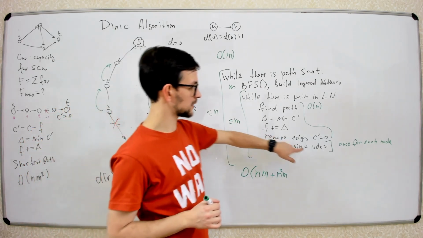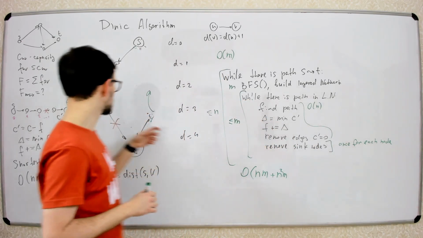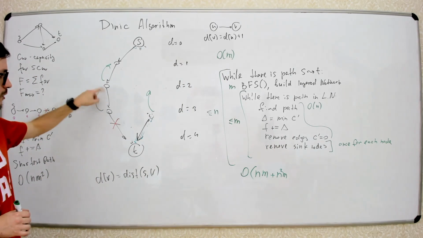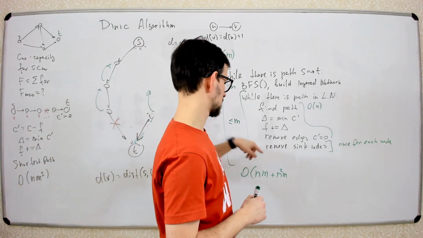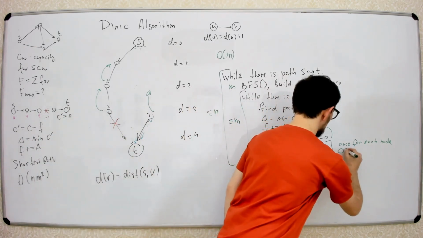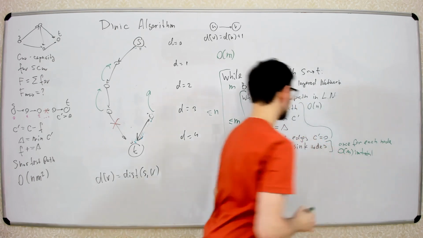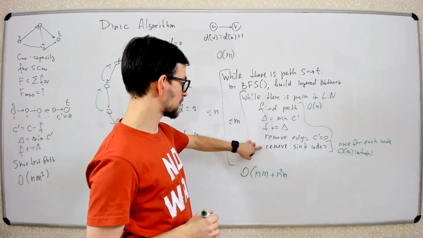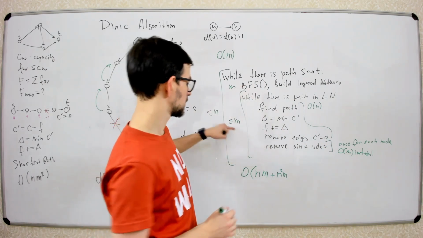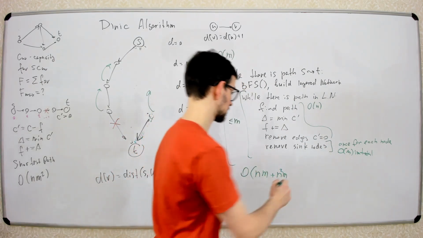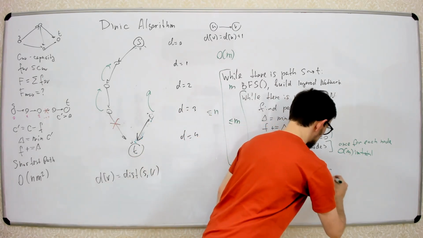These removals happen at most once for each node. And when we remove a node, we remove this node and all ingoing edges. So the time complexity of these operations will be m in total, for the whole loop. So it will be plus nm again. Total time complexity will be n squared m.